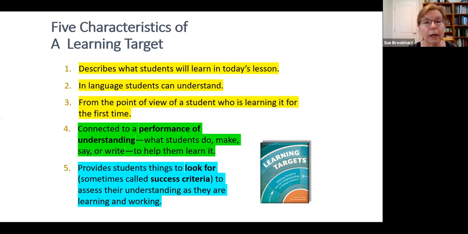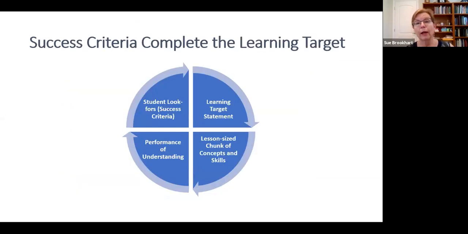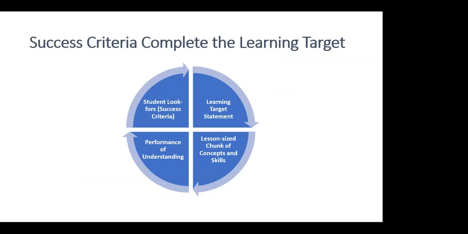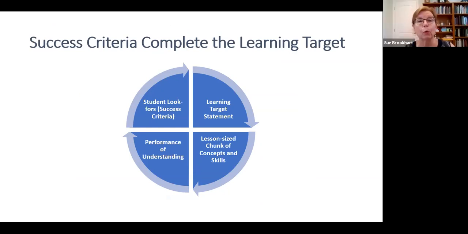So a learning target is a lot more than a statement, a lot more than a sentence on the board or a sentence in the top of a learning journal. It's a statement, sure, because we think in words, so you have to give them some language. There's content, of course. There's no such thing as a content-free lesson.